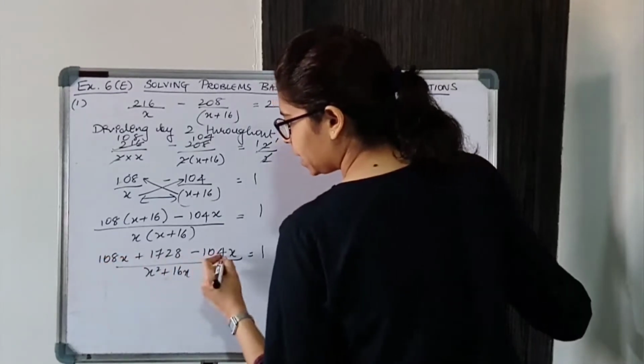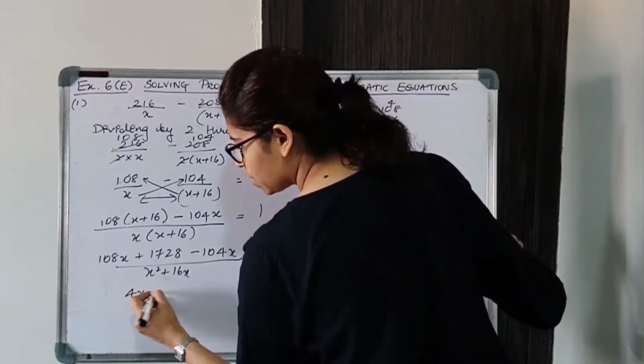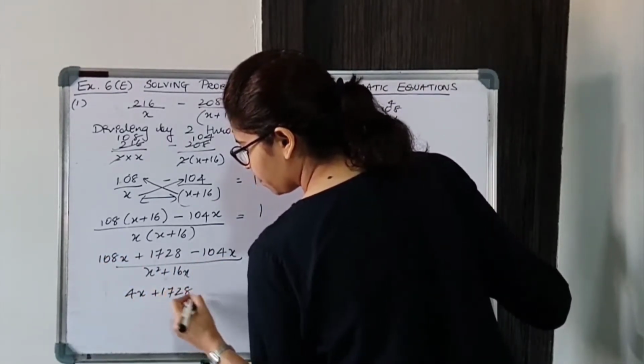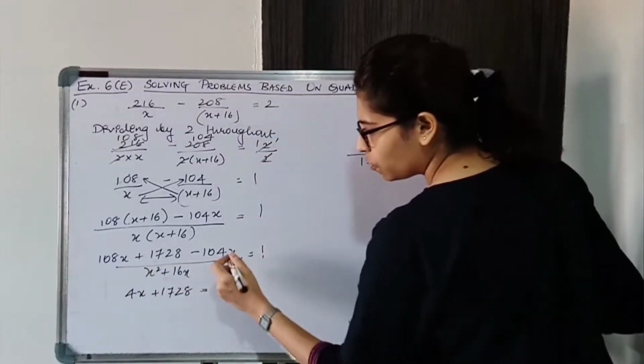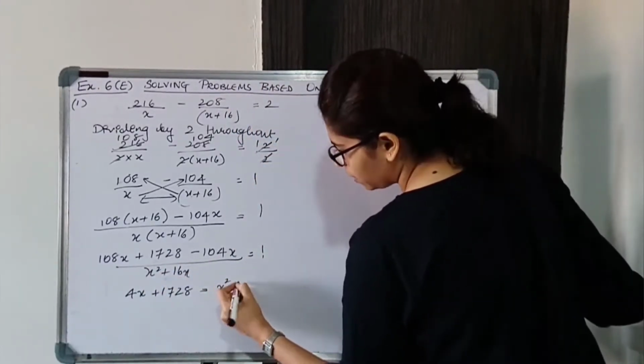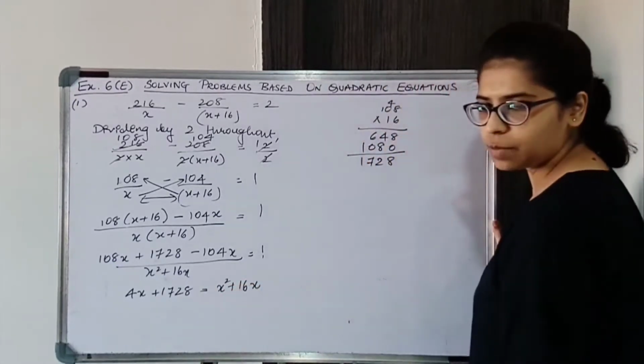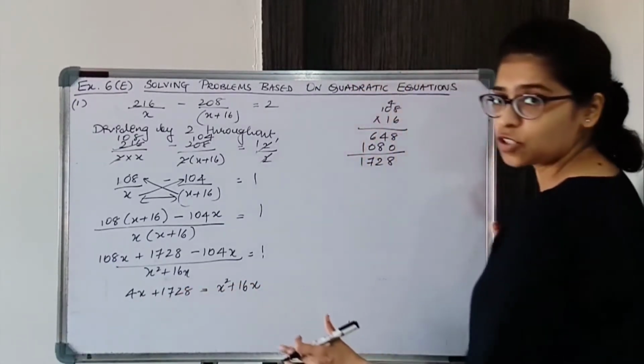So 108x minus 104x will give 4x plus 1728. Shifting this on the other side, so 1 into x square plus 16x will give x square plus 16x. ठीक है, shifting everything in the RHS. Why?